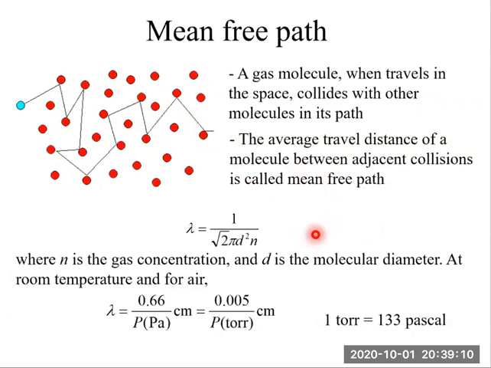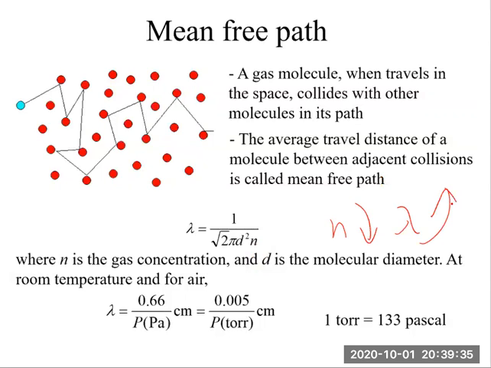It has been derived that the mean-free path lambda is equal to 1 over square root of 2 pi d squared n, where n is the gas concentration. So it's very obvious that when n decreases, lambda increases.